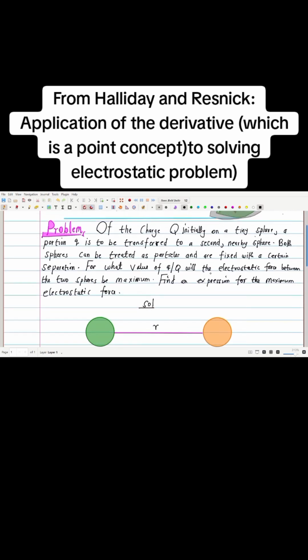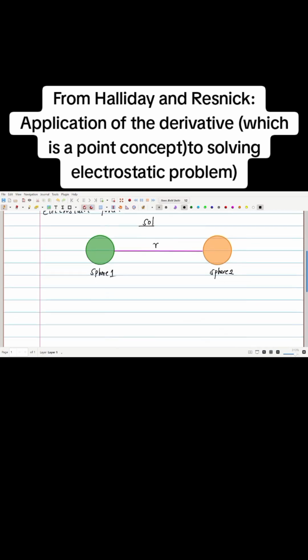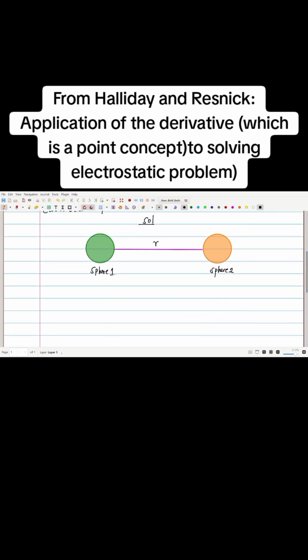Now we have to find the value of lowercase q over uppercase Q for which the electrostatic force will be maximum. How do we find that? We want to apply calculus in solving this problem. Now, from physics, the man called Coulomb discovered that the force between two particles is directly proportional to the product of the charges, say Q1 Q2, and inversely proportional to the square of the distance between them, that is r squared.